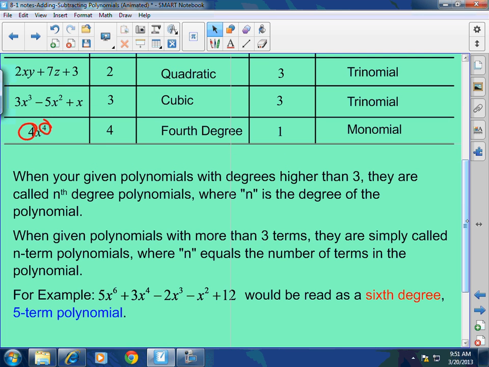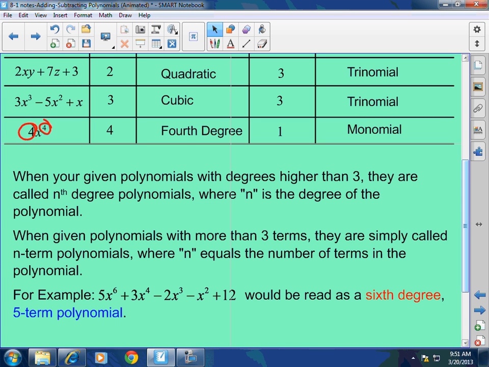Now, when you're given polynomials with degrees higher than 3, which is what I just explained, they are called nth degree polynomials, where n is the degree of the polynomial. When given polynomials with more than 3 terms, they are simply called n-term polynomials, where n equals the number of terms in the polynomial.